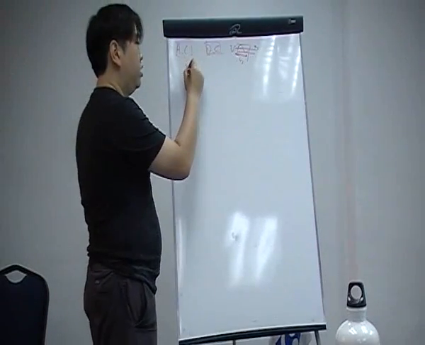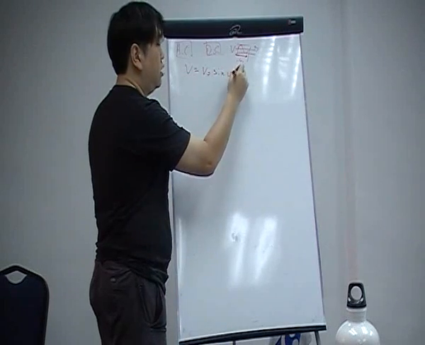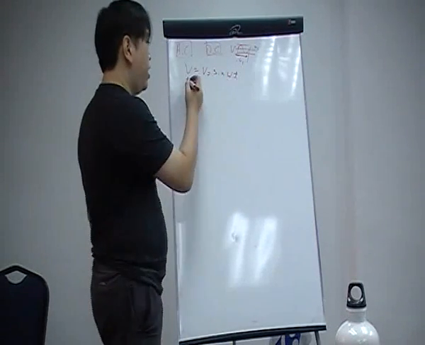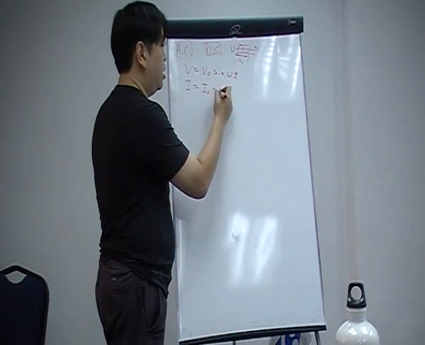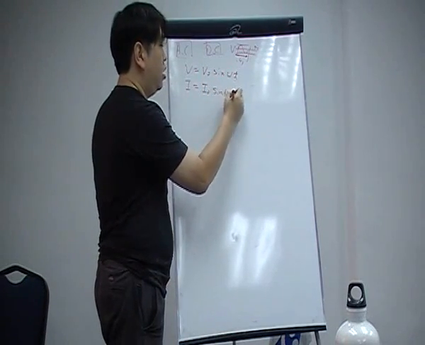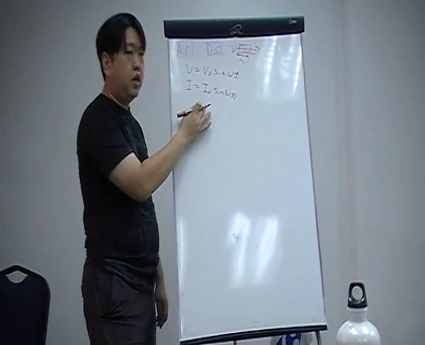If V starts with V naught sine omega t, then the I will be in the same phase, I naught sine omega t. Why must this one also be sine?